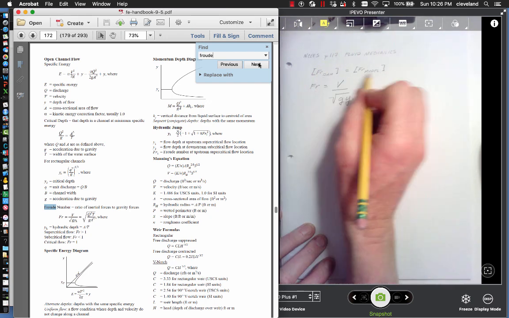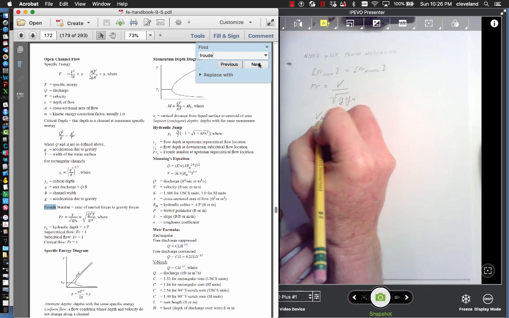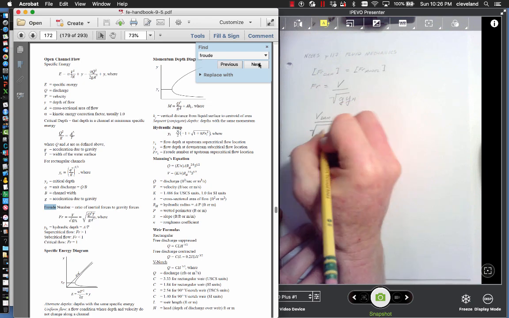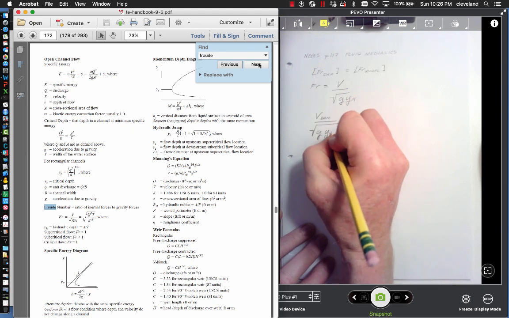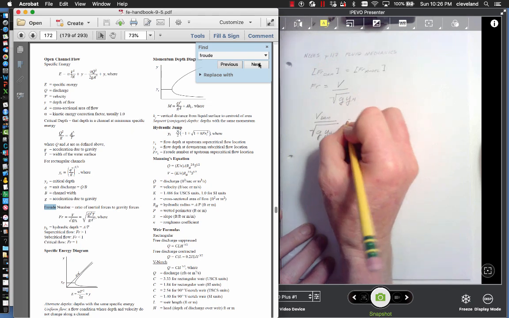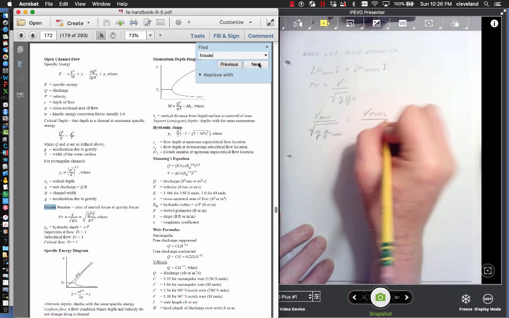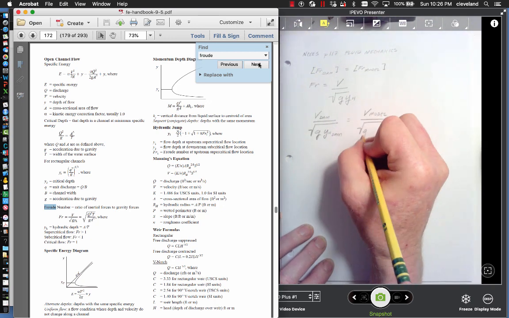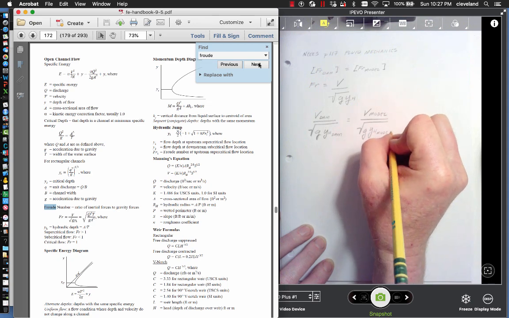We want to establish these two ratios. So velocity of the dam over root g y sub h dam has to equal velocity of the model over square root g y sub h model.